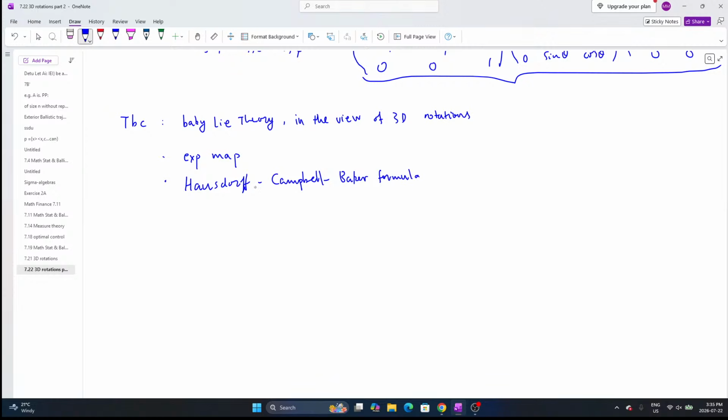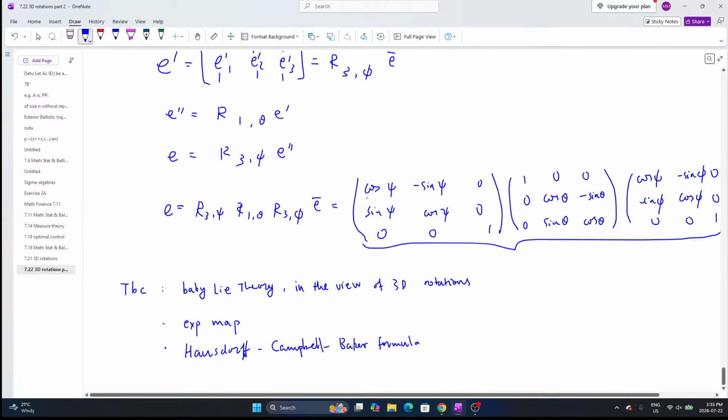Of course, these notions and results have much deeper application than 3D rotation. But I think this will motivate the study of the general Lie theory, without any particular domain knowledge or deeper geometry and topology. Okay, that's it for today.